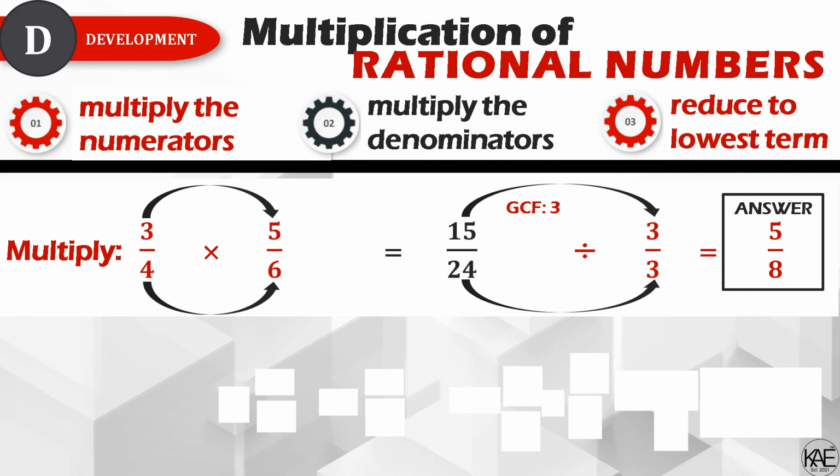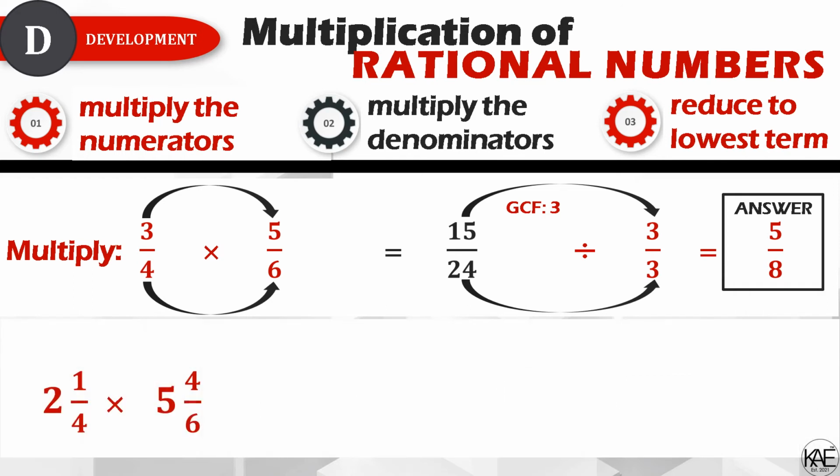How about if our given are mixed numbers? 2 1/4 times 5 4/6. First, we change them into improper fractions.